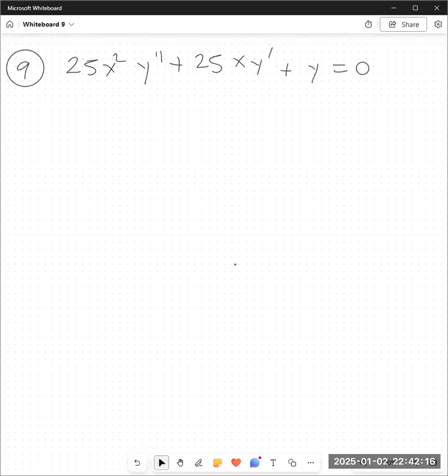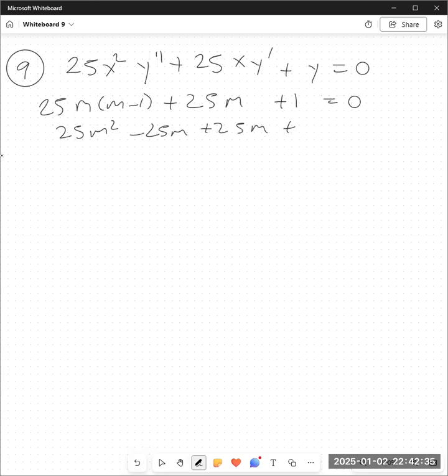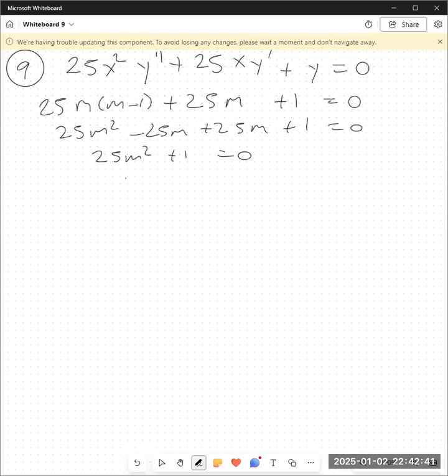So we have 25 times m times m minus 1 plus 25m plus 1 equals 0. 25m squared minus 25m plus 25m plus 1 equals 0. 25m squared plus 1 equals 0.